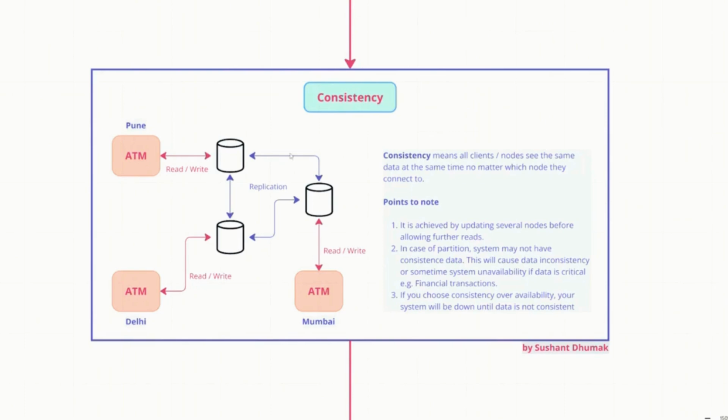This is what is called strong consistency, because at any location, any transaction that happens will be immediately visible on the other nodes as well. It is important that data is consistent at all locations. That's why the definition is mentioned here: all clients or nodes see the same data at the same time, no matter which node they are connected to. Anyone connected to any node will see the same data. That is what consistency is.